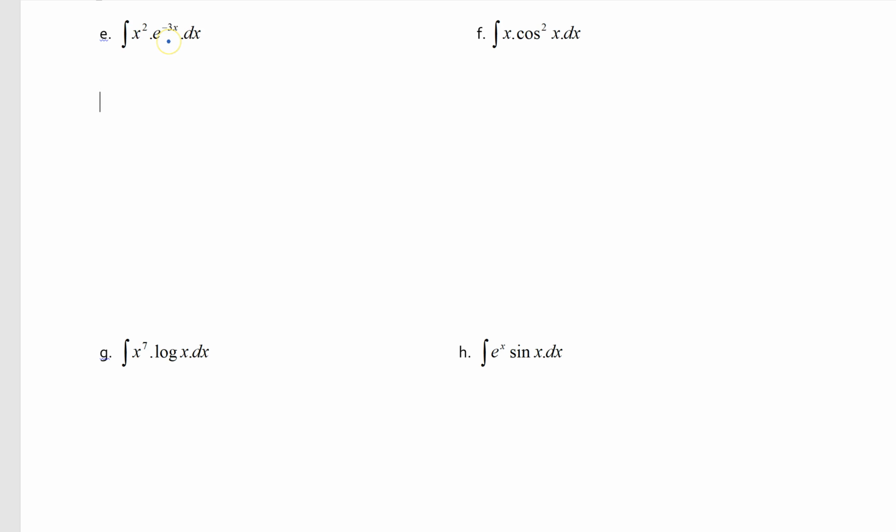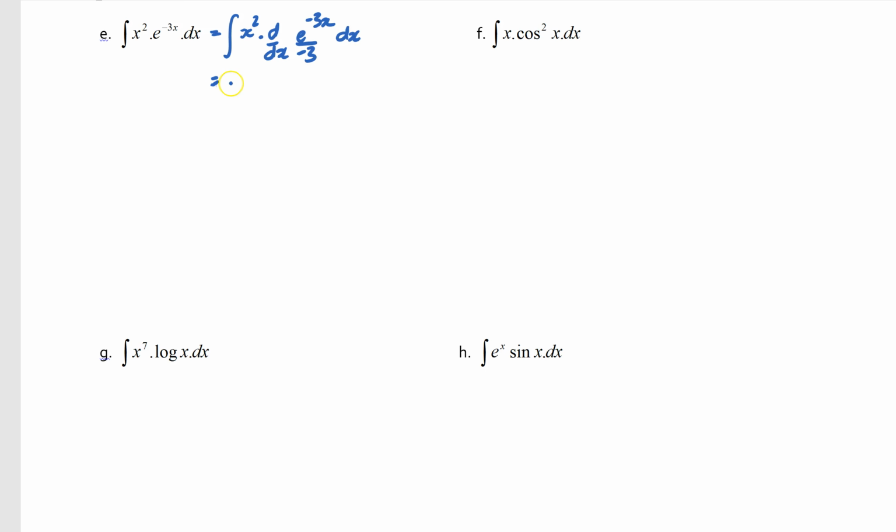So if we look at this one here, I'm going to rewrite that as the integral, that's blue now, the integral of x squared times d/dx of e to the minus 3x on minus 3 dx.